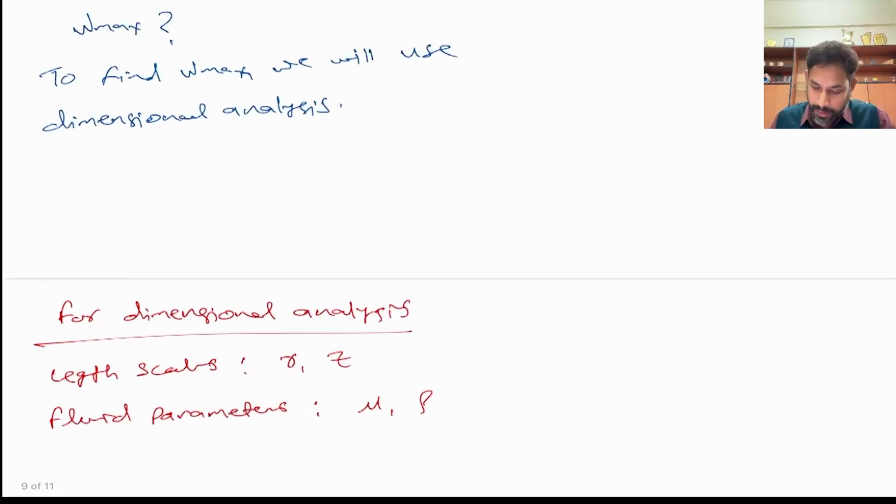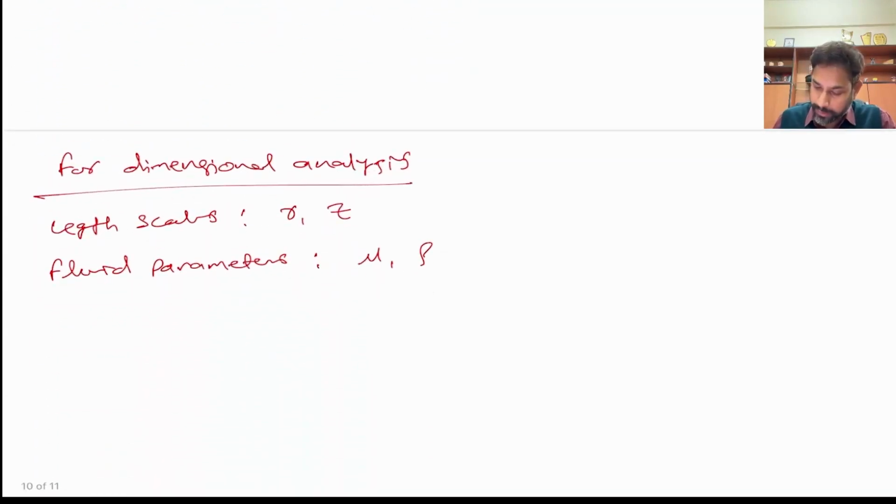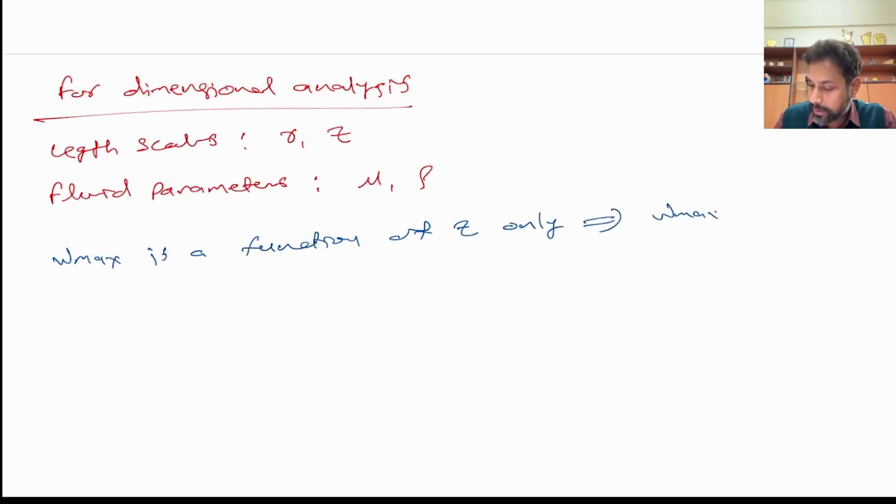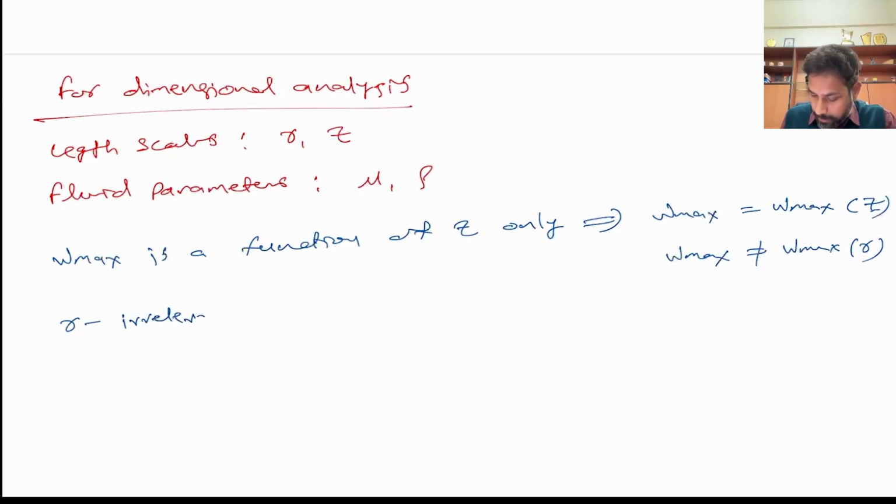But remember that we are trying to find w max, where w max is a function of z only. Okay, so w max is only a function of z, but w max is not a function of R. Okay, and that is why if you want to find W max, R is irrelevant for W max.